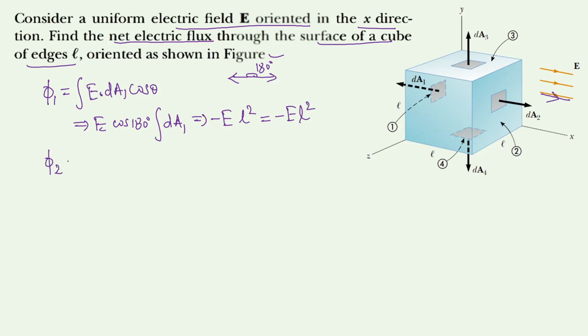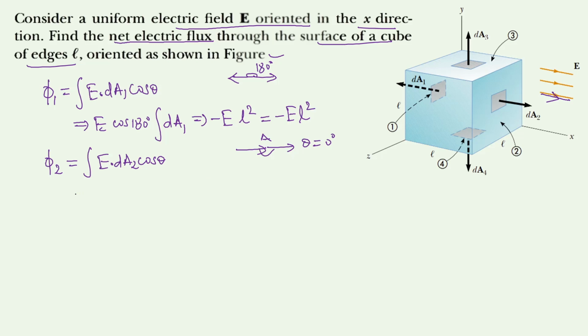When we see surface 2, it is again E into dA2 cos theta. Here the area vector is like this and the electric field is in the same direction, so the angle between them is 0 degrees.